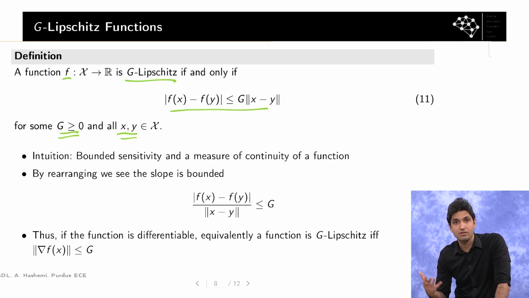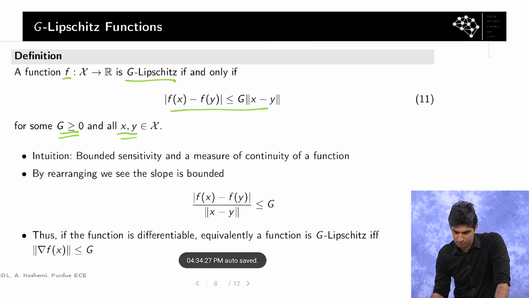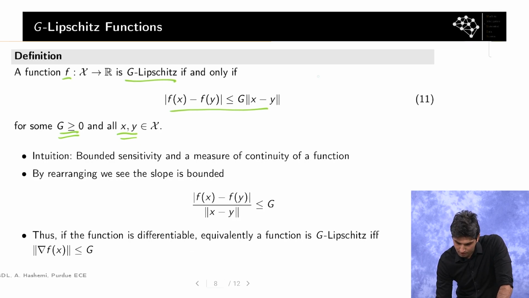Okay, the larger this constant G is, which we call the Lipschitz constant, if we change the input slightly, we're going to see a larger change in the function value. And if G is small, in the extreme case when G is equal to 0, if I change the input, there is not going to be any significant change in the output. For instance, let's consider the function f(x) equal to some constant, let's call it 3.